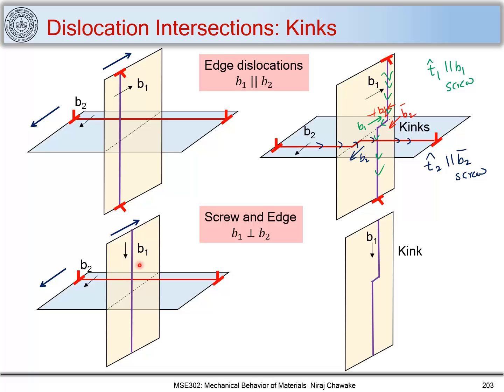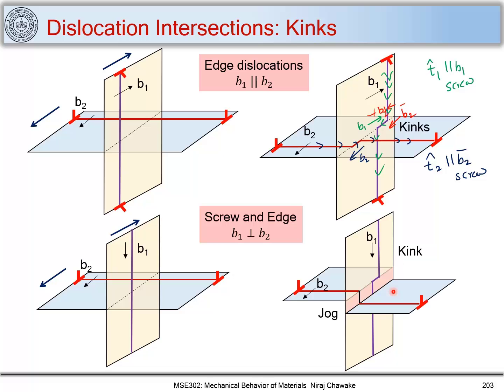So for B1, the break will form along the direction of B2, with a magnitude equal to B2, and thus this is nothing but a kink because this break is on the same slip plane.